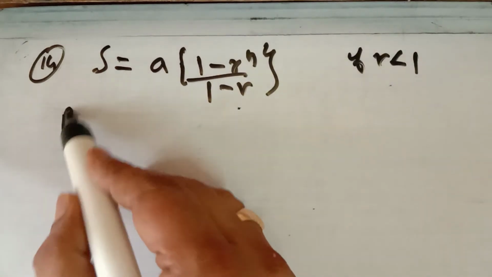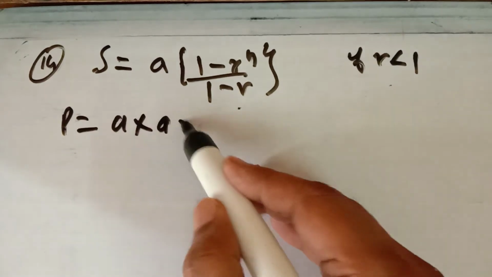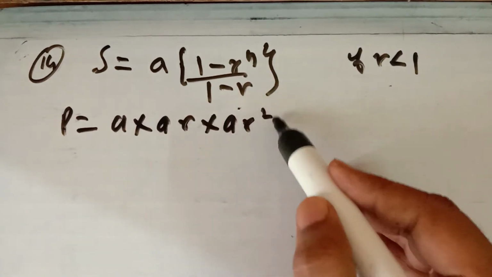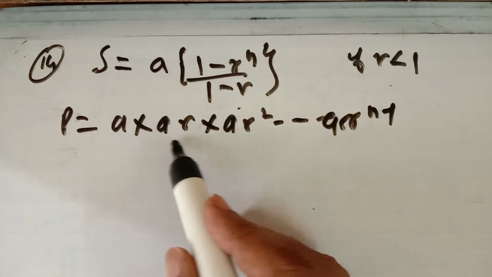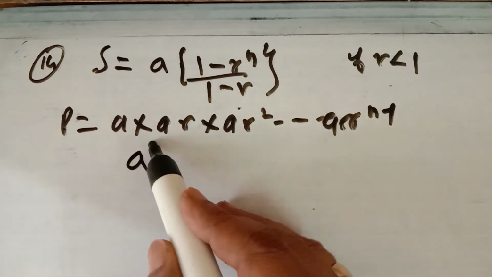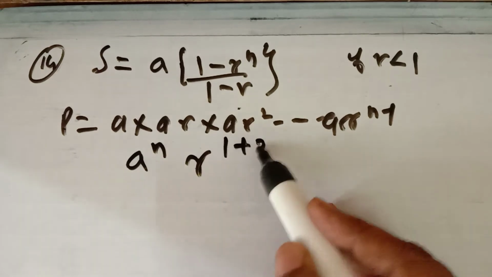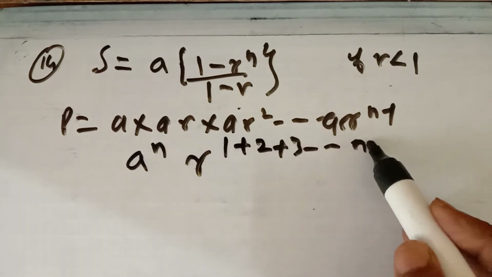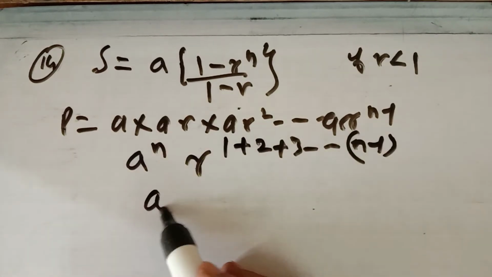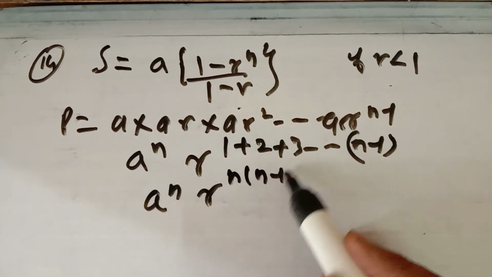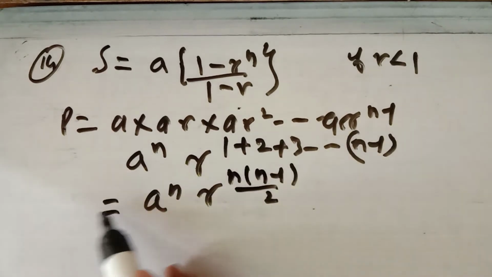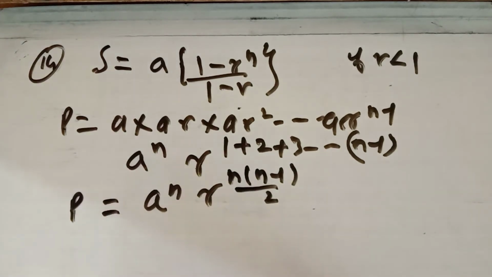What is P? It is the product of all these terms. So if you multiply it, a into a into a up to n times, a to the power n, and r to the power 1 plus 2 plus 3 up to n minus 1. So a to the power n, and r to the power of the sum of 1 up to n minus 1 is its formula, or you can find it by taking the AP.